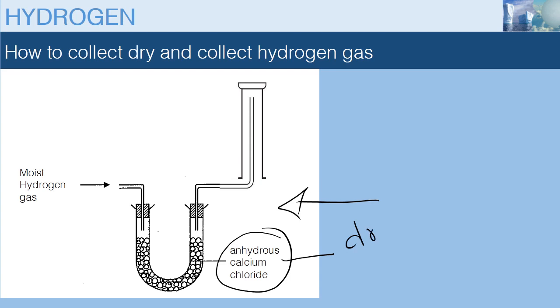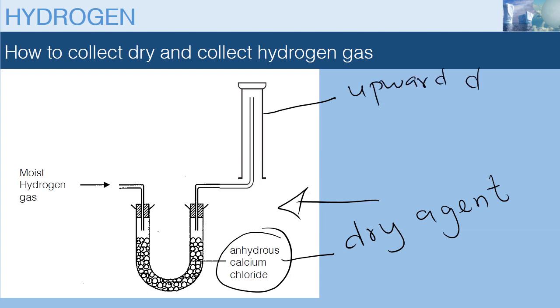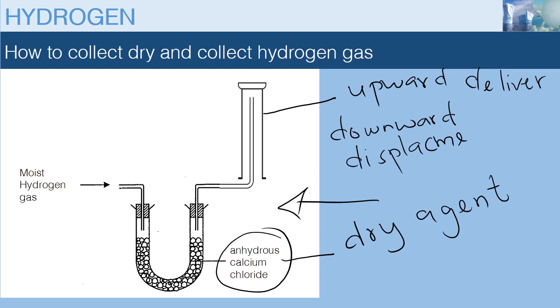This is a drying agent that absorbs moisture from the gas, and then we collect it by this method known as upward delivery of the gas or downward displacement of air.